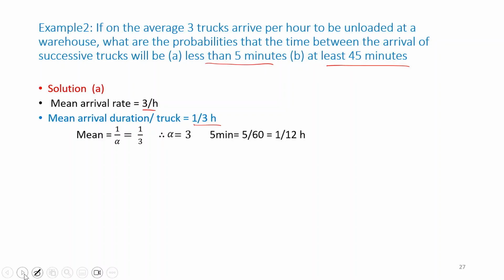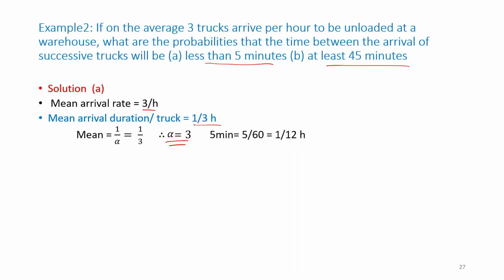Next, the relationship between the mean and the parameter alpha of the exponential distribution: mean equals 1 upon alpha. That is 1/3, so alpha is 3. So the value of the parameter alpha we can find out. This is 3 in this case.